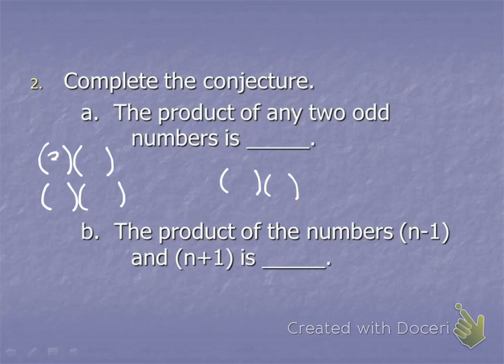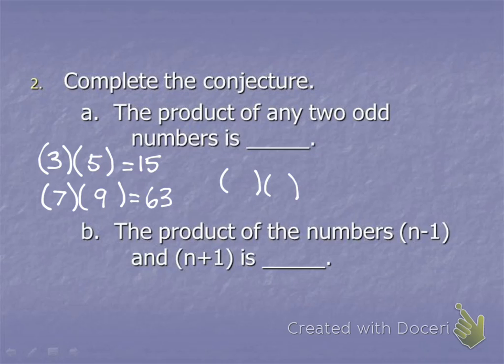Give me another one. 5. 3 and 5 multiplied together gives me 15. More odd numbers. 7 and 9. 7 times 9 is 63.